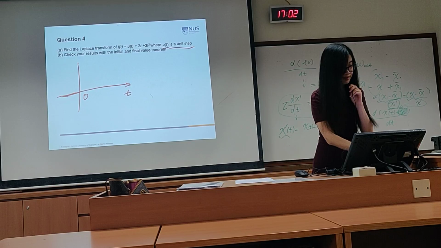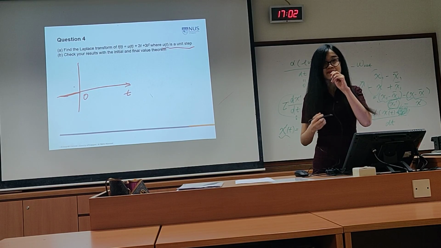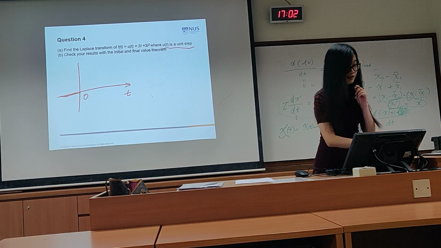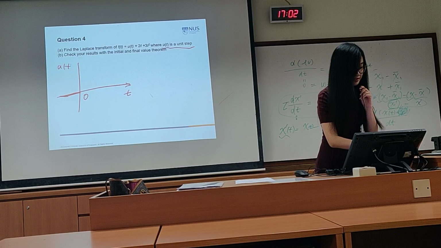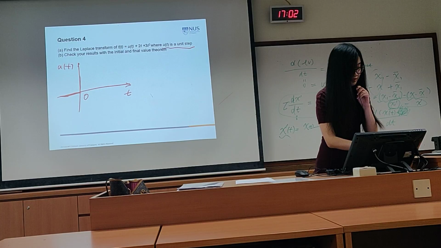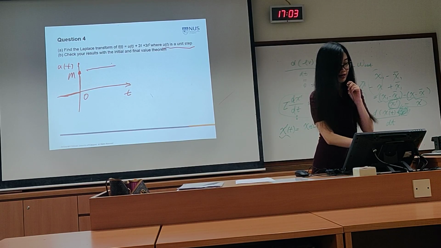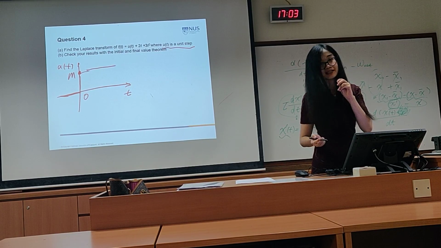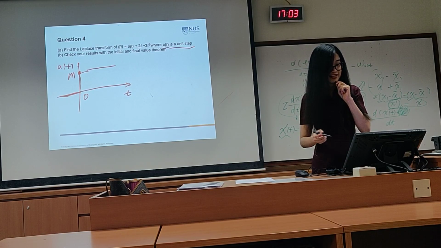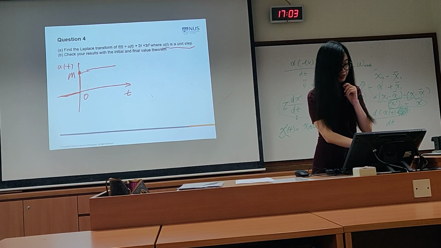When time is smaller than 0, the step function has a value of 0. And at time 0, it goes to the M value, the magnitude of this step. And from 0 beyond, when time is larger than 0, the function value u(t) will be constant at M. So this is how we define the step function.